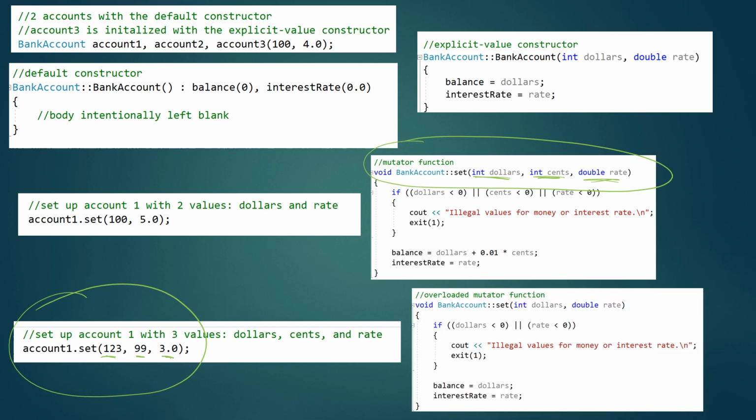This set function right here is an overloaded function. So if I call the mutator function set with 3 arguments, it's going to call this one. If I call it with 2, it's going to call this one. So this would be with $100 and a rate of 5.0. So this is just showing you how an overloaded mutator function can work.